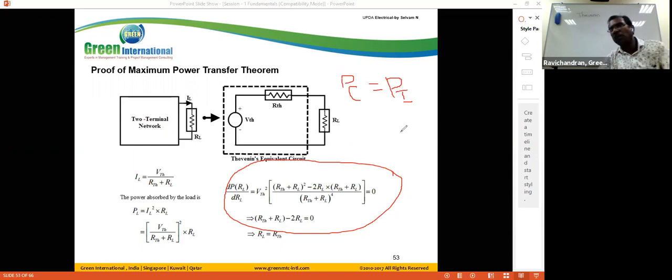In the transformer, in the machines, we discuss that maximum efficiency will occur only when copper loss is equal to iron loss. We will discuss that in later classes, third session or fourth session. The same derivation is applied there also.